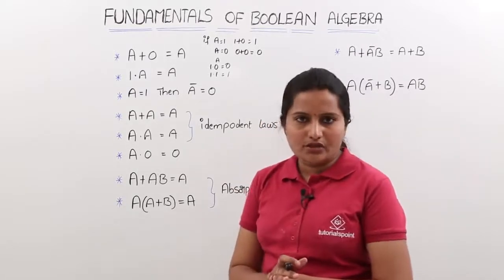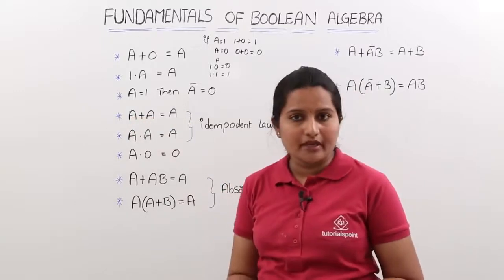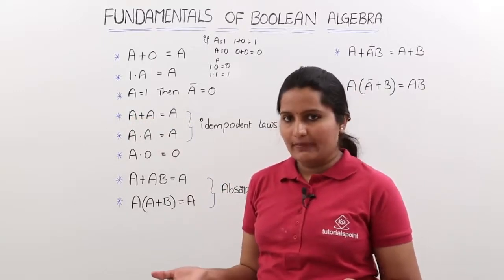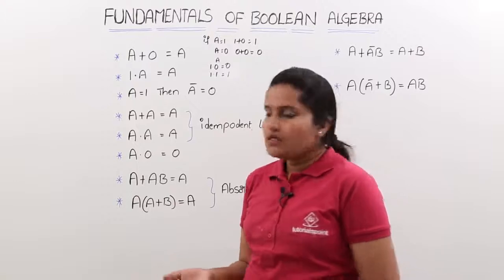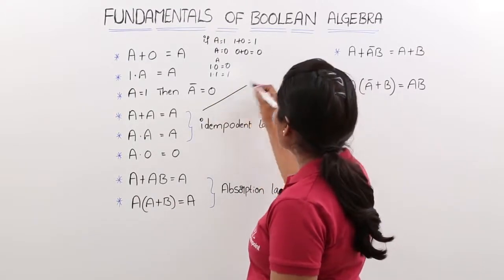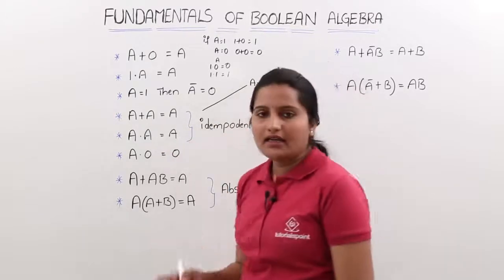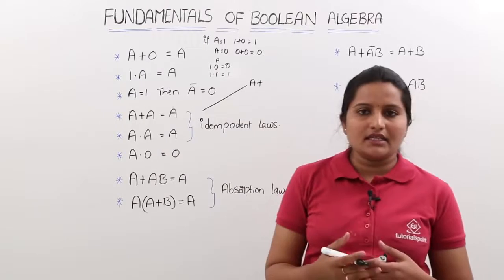Now, we are going to solve these two also, to see how we are getting a plus a is equal to a. We know a plus a is equal to a, but how? To solve that, I am considering a plus a into 1. Into 1 means I can take a plus a bar.